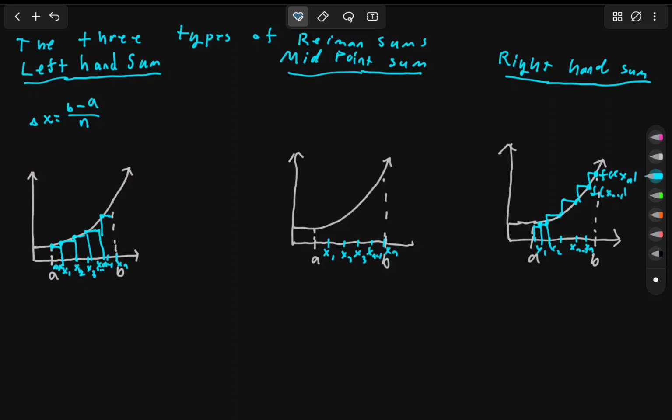We're going to be using x_{i+1} minus x_i divided by 2, or actually, I suppose this should rather be x_i plus x_{i+1} divided by 2.